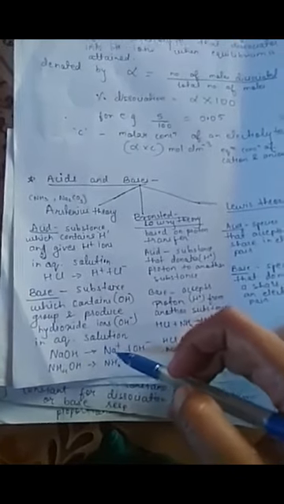So this is the Arrhenius concept of acids and bases. NaOH is a base. When it dissolves in water, it gives Na+ and OH-. NH4OH is also a base because it gives OH- ions as the only anion. So according to Arrhenius theory, an acid gives H+ ions in aqueous solution, and a base gives OH- ions in the solution.